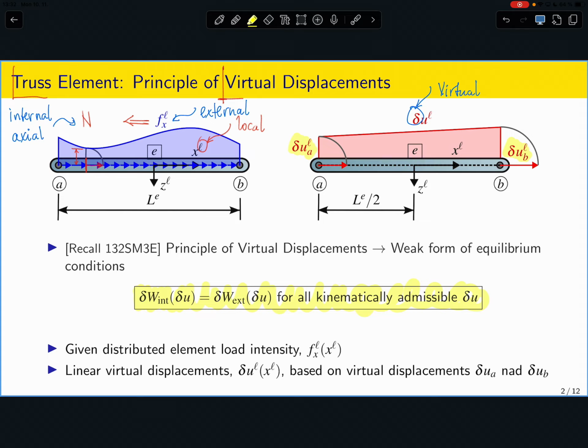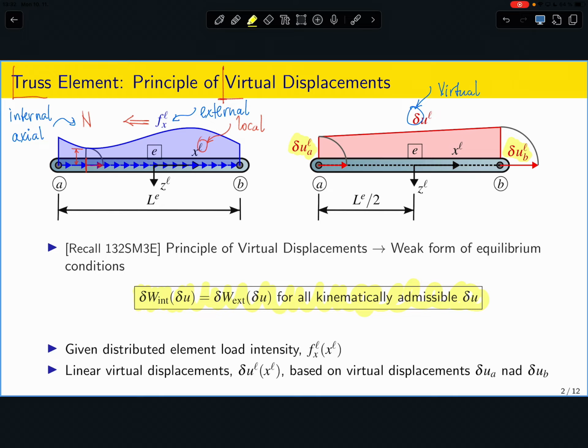So I take this bar, I will assume that I somehow displace its nodes by a certain amount, and that amount is something I demonstrate by this function. And because I know the data at the two element nodes, the most economic way to extrapolate this to the level of the whole element is to do linear interpolation between those.